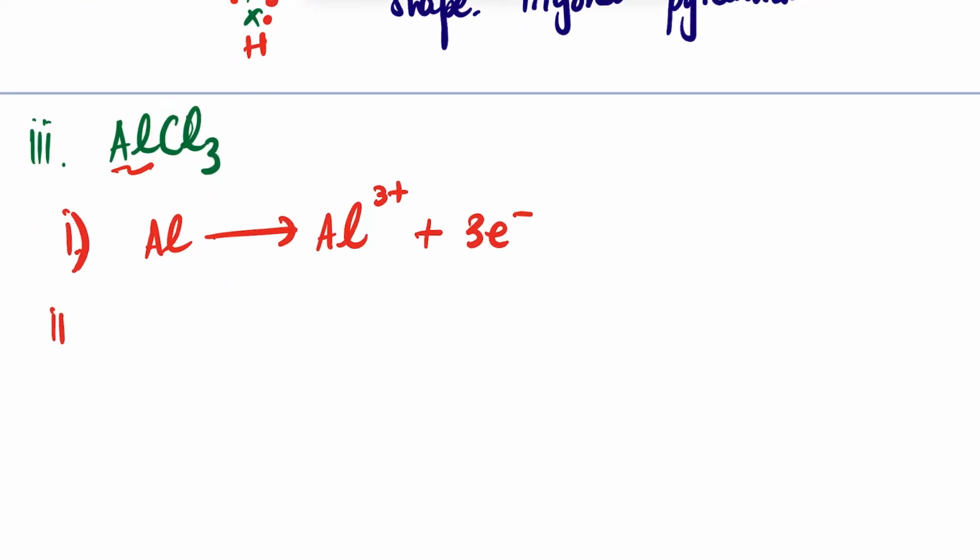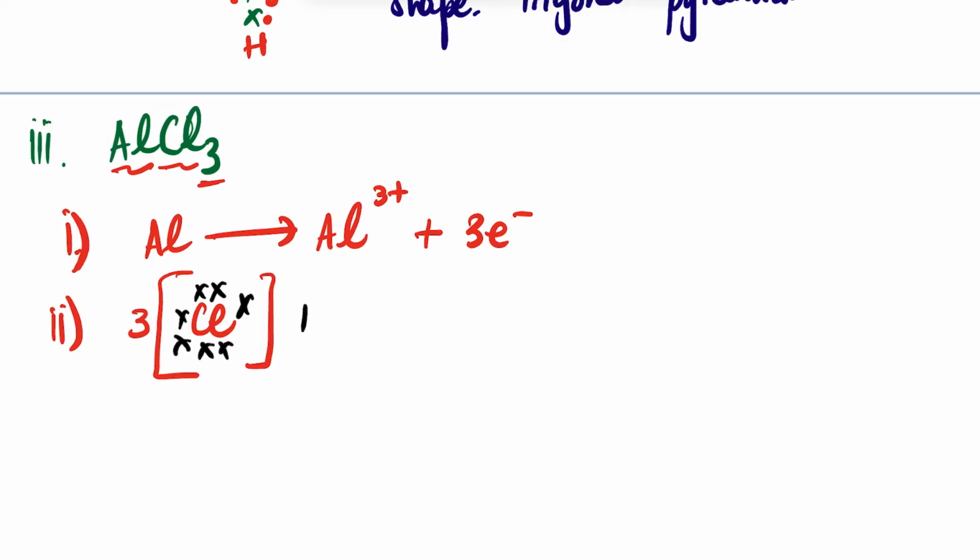So step number 2, you show chlorine. How many chlorines are there? It's 3. You write 3 in bold brackets, and then 3 chlorine. Chlorine is in group 7, so it must have 7 valence electrons outside.